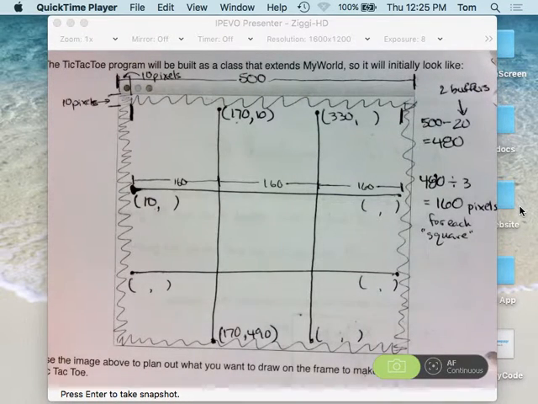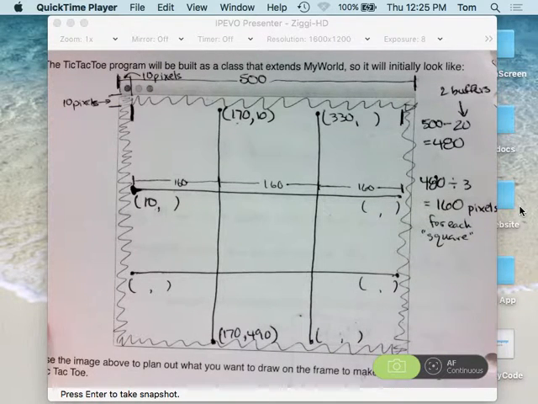If you finish that, the next thing you're going to do is think about, like we said, one of the requirements for this project is that our shapes, our X's and our O's, are going to be centered inside each of these squares.